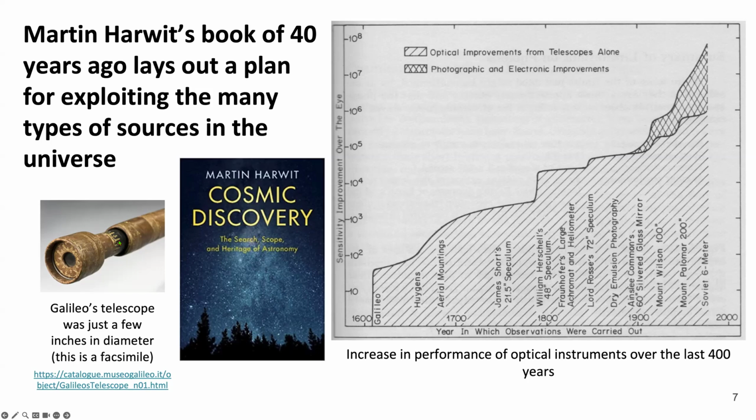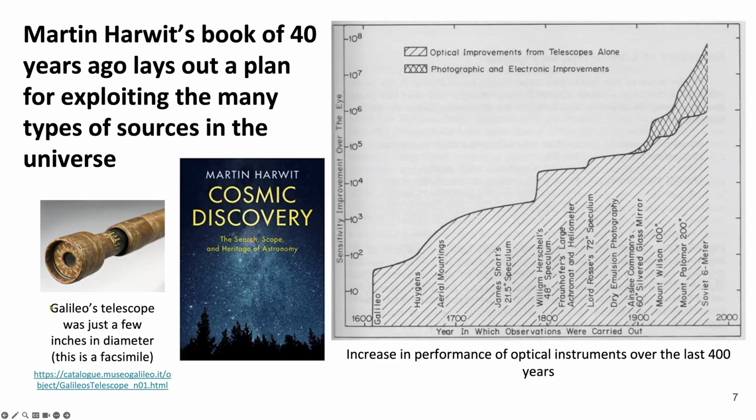They've reproduced a lot of Galileo's technology, including this. I didn't put a scale on here, but the lens piece of this is about 1 inch in diameter. And of course, now we have gigantic telescopes. We'll see some of these depicted later today that are 30 meters in diameter.